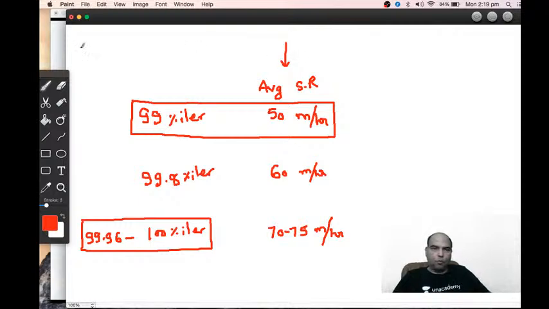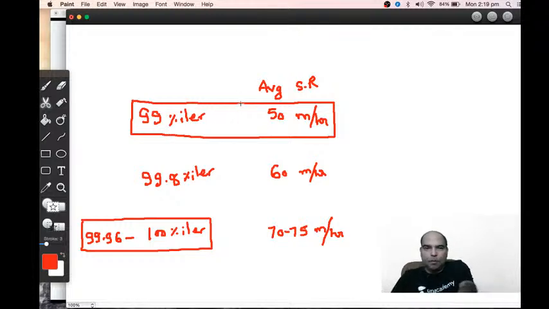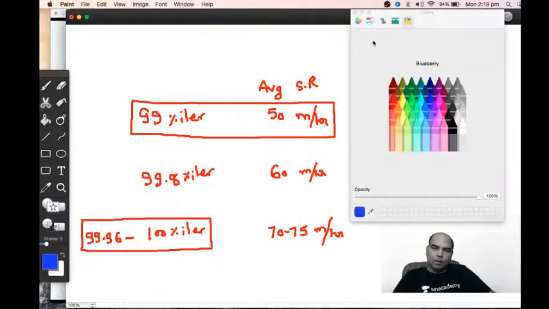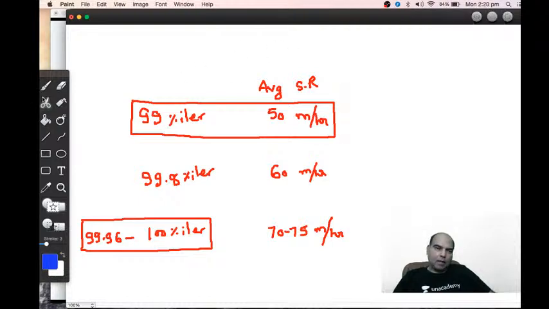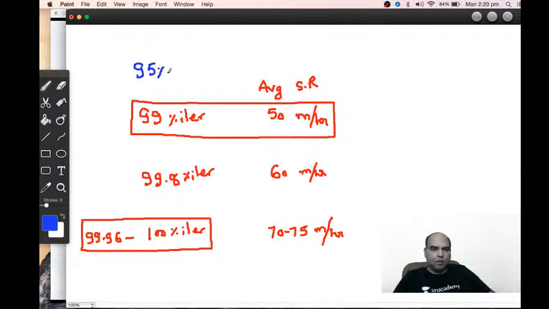And if you want to go below into the lower numbers, I can tell you the numbers in the lower zones also. The lower zones' numbers are, let's say, at 95 percentile approximately 30 marks, 40 marks per hour, and at 90 percentile it's around 30 marks per hour.